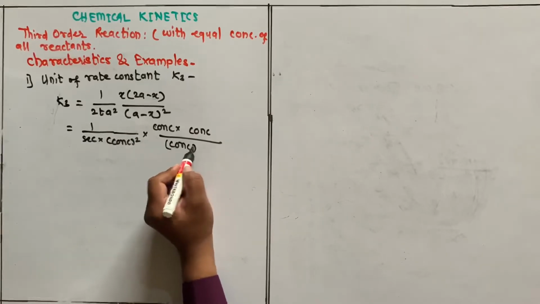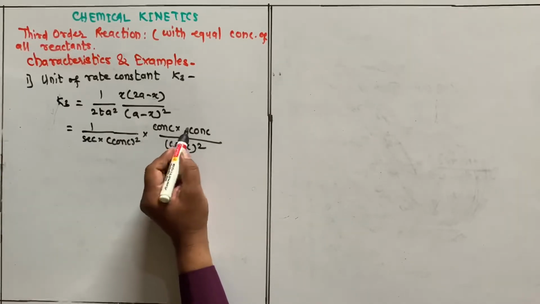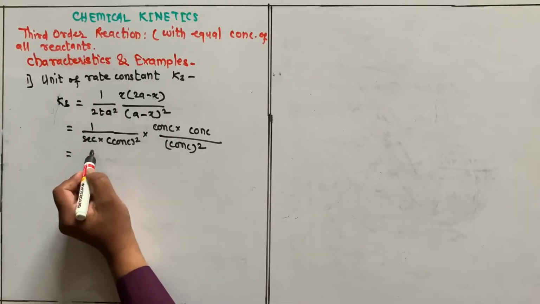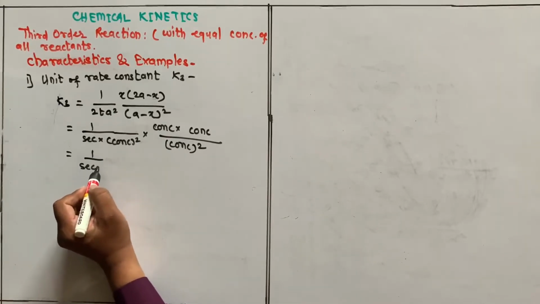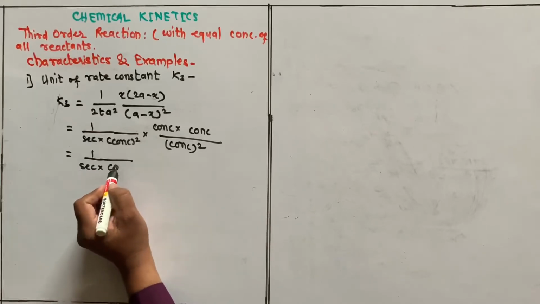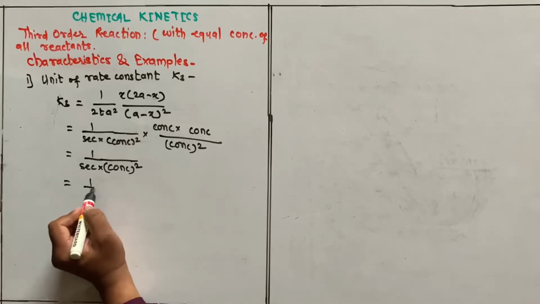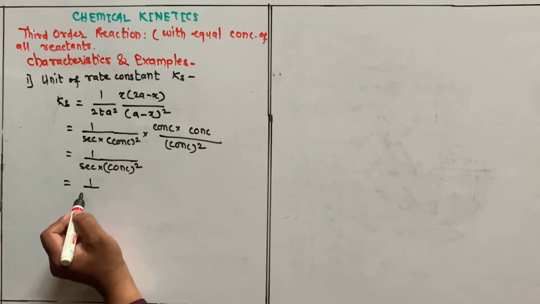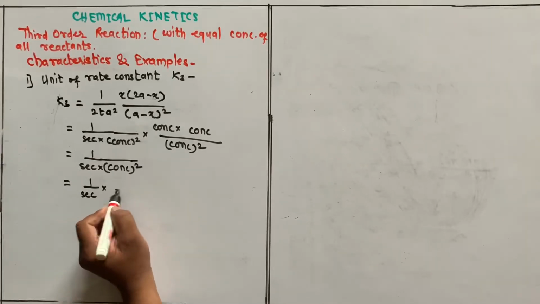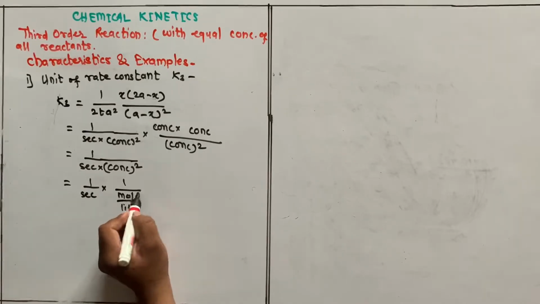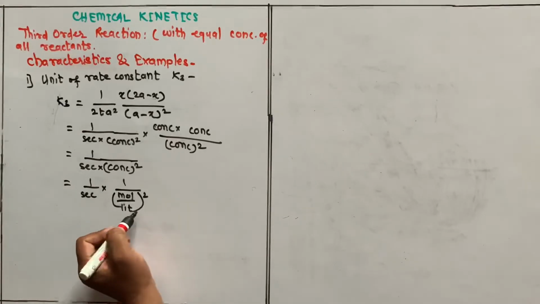So concentration square cancelled. We have the unit as 1 upon time into concentration square. Now I already put the time unit as second and the concentration unit as moles per liter, therefore it will be moles per liter square.